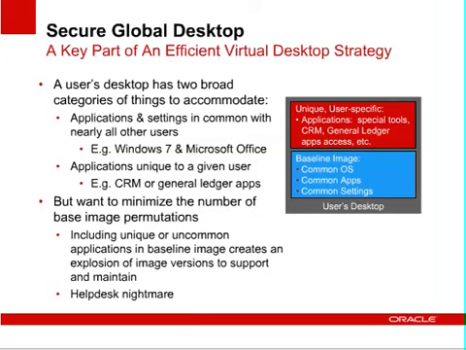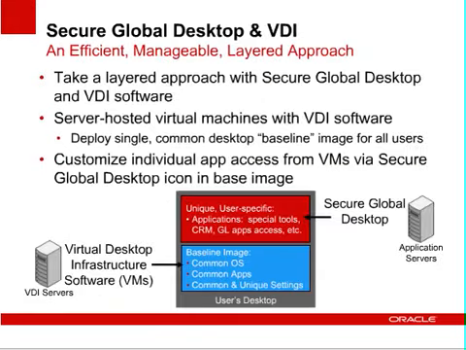And that dichotomy on the desktop really leads to SGD being a good insertion here, where what we do is deliver those apps that need to be managed centrally into the desktop image through SGD.